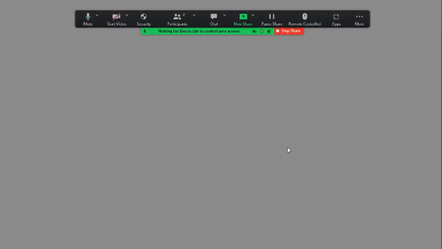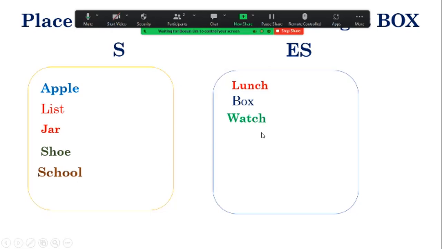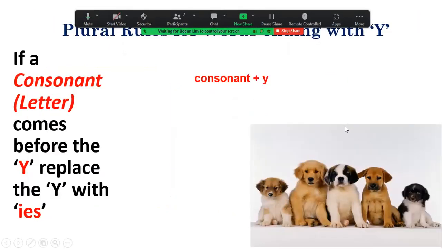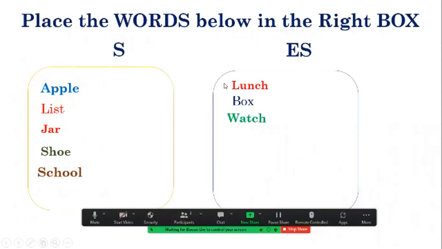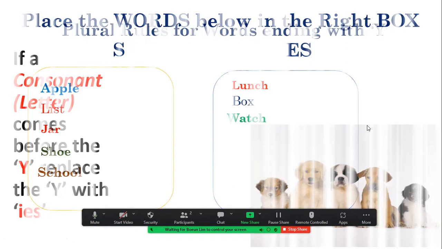You can see you placed them correctly, following the rules. Shoes already has an E, so you will just add S. Okay, so let's continue.